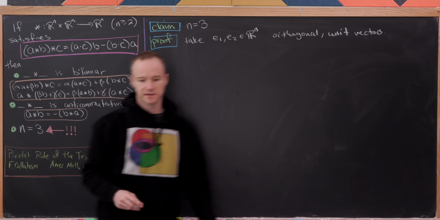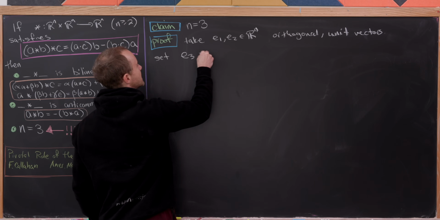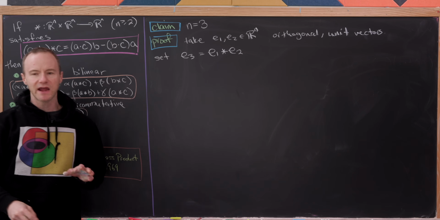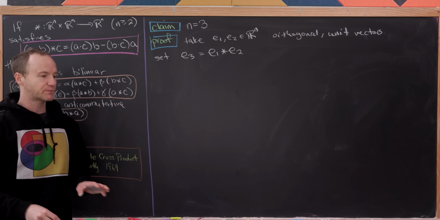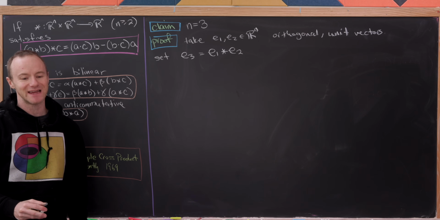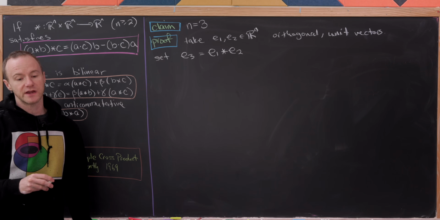Okay, great. And now let's set E3 equal to E1 star E2. So you might immediately want to say that it's perpendicular, but that's only true for the cross product. We don't know that this is yet the cross product because we don't even know if we're in R3 yet.